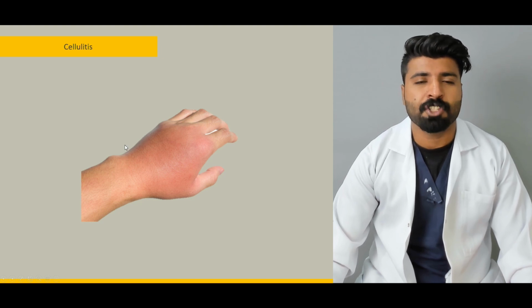But the differentiating point is that if you touch the skin a little far from here, it will not be painful. So the tender area is localized in cases of cellulitis, and it's a medical emergency. You have to treat it as soon as possible. In some cases, it goes to surgical referral and might lead to amputation of the patient.